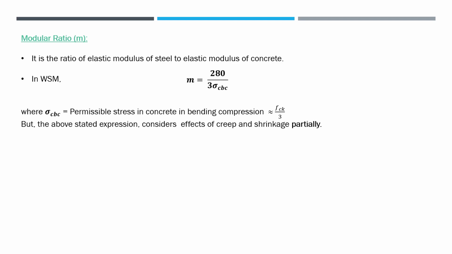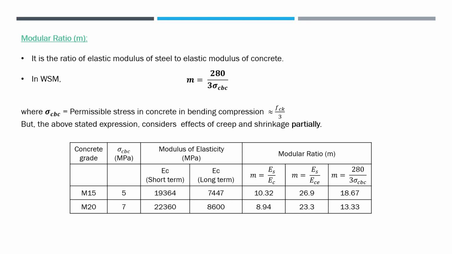For this calculation, I have considered the modulus of steel to be the standard value equal to 2 into 10 to the power 5 megapascals. In this table, we can clearly see the difference in the values. We are using a lower value of modular ratio than what we are getting from the long-term modulus of elasticity.